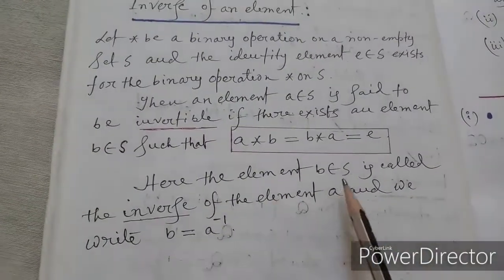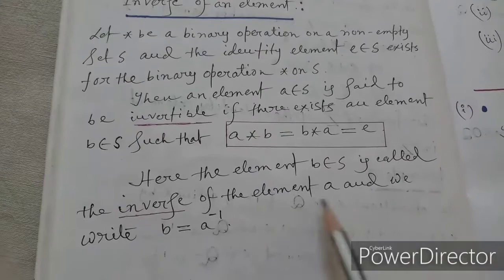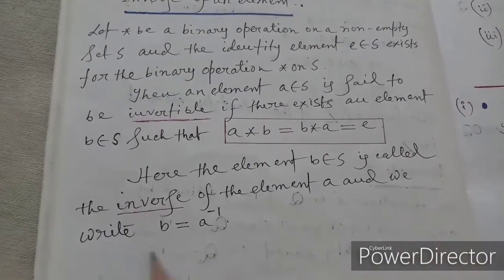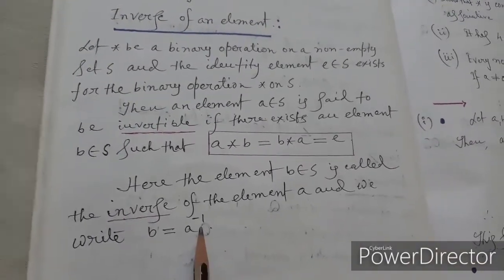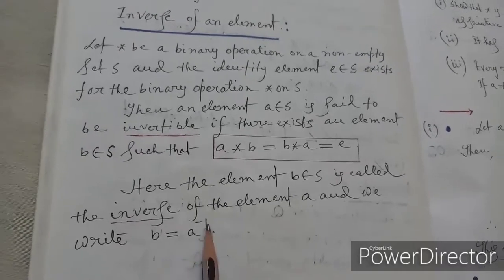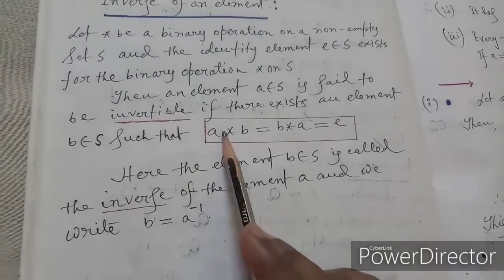Here the element b belonging to S is called the inverse of the element a and we write b equal to a inverse. That means a inverse is the inverse of the element a.